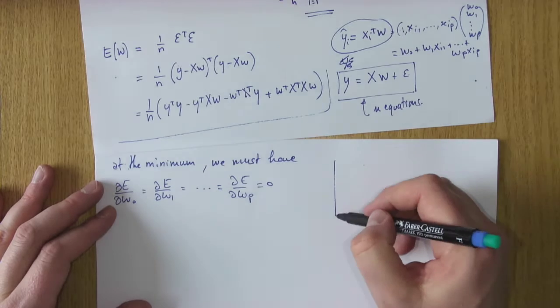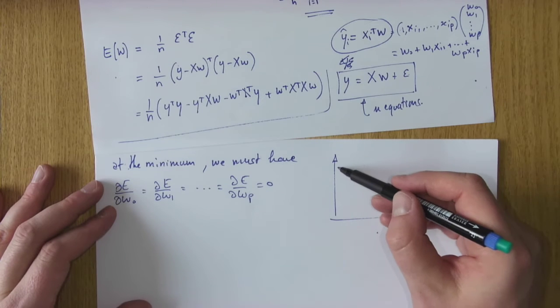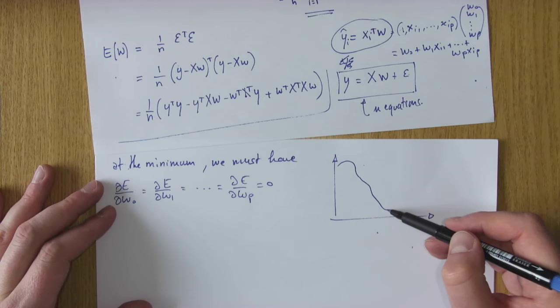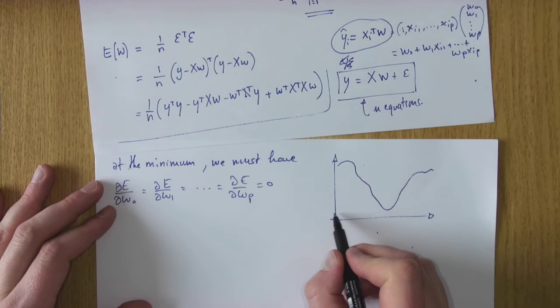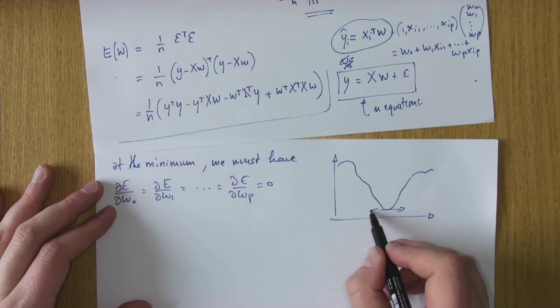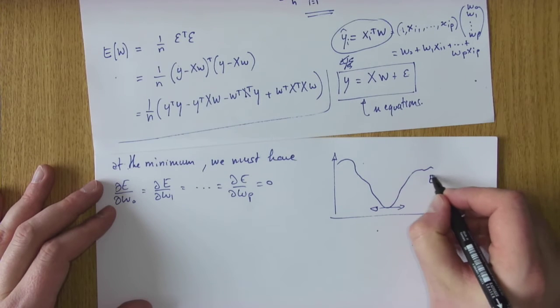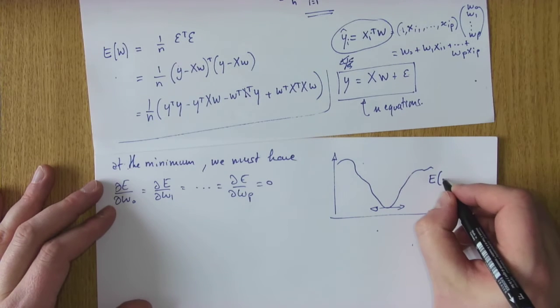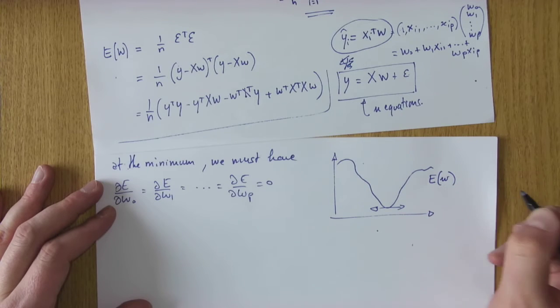If you're just working in 1D, then your loss function will necessarily at the minimum have a slope which is horizontal. So we imagine it's just a scalar here.